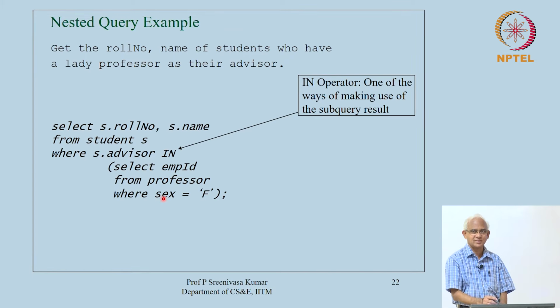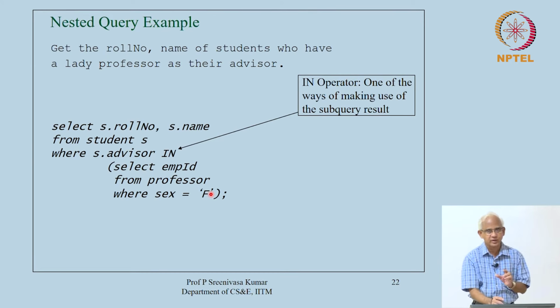S dot advisor as far as we are concerned is actually a single value, whereas here this produces tuples. So, let us be conscious of that type mismatch.